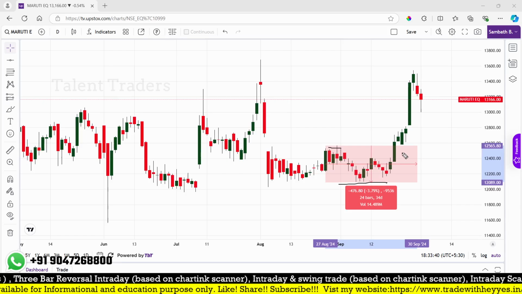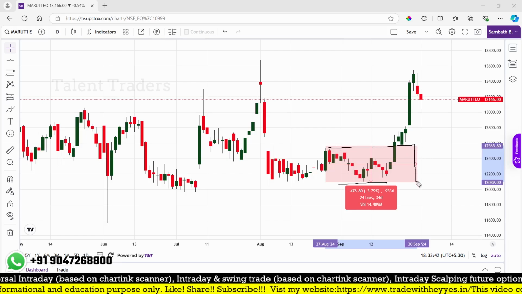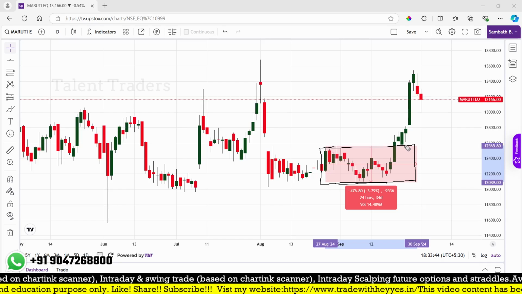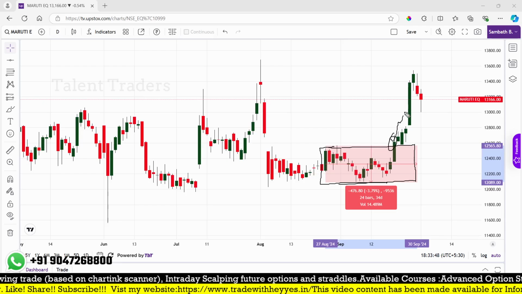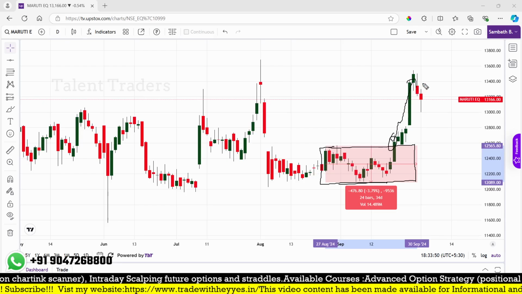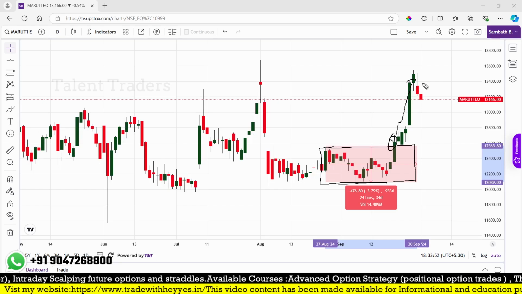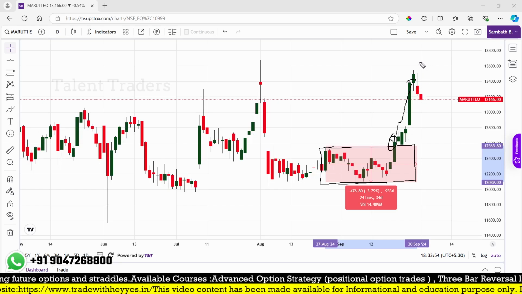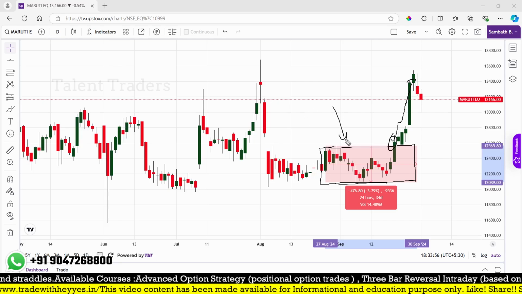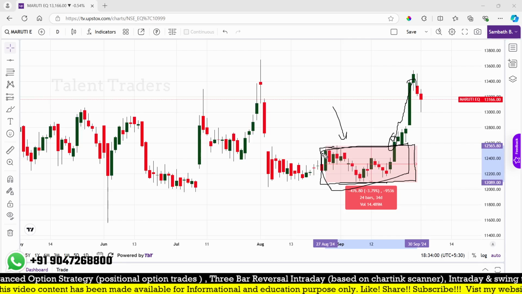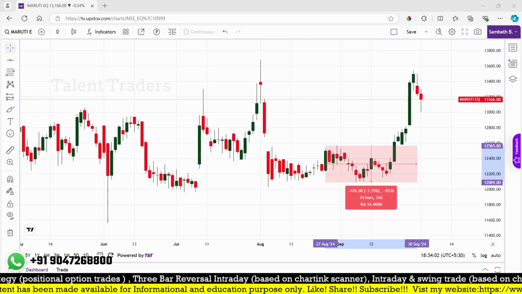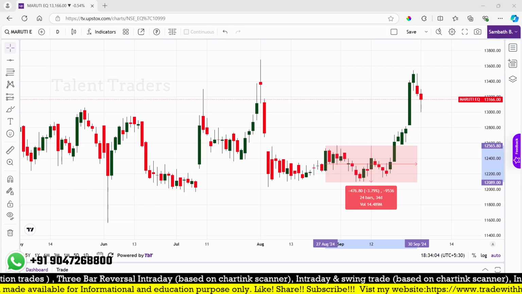This is the consolidation area on the stock, and this is the candle that gave the consolidation breakout, and after that it gave a good movement. This is the kind of movement I'm trying to find, the pattern forming in any stock. That is the logic we are going to create with the charting scanner, and in this video you are going to learn that also.